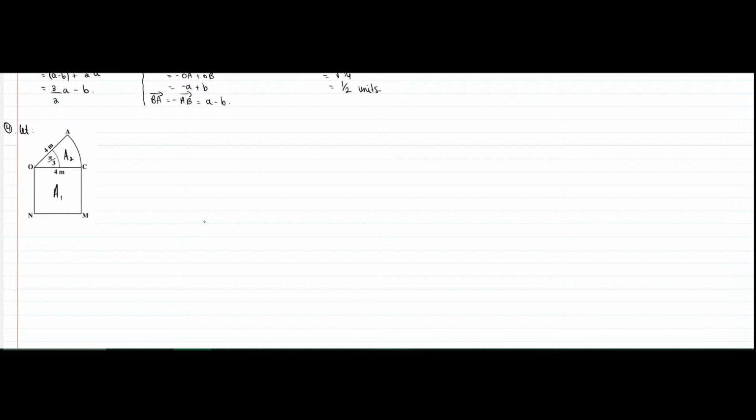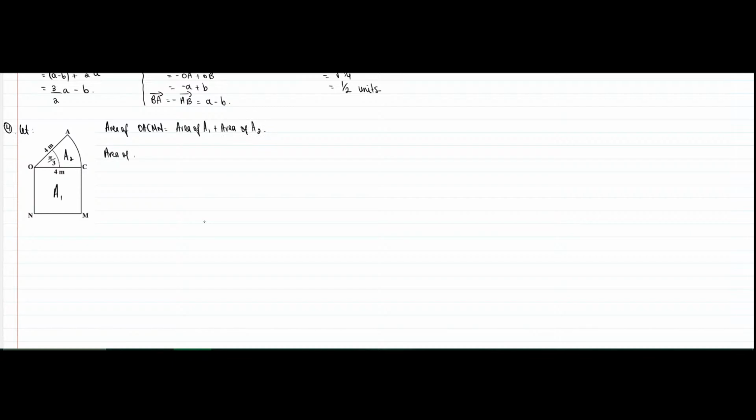So the area of OACMN is equal to the area of A1 plus the area of A2.